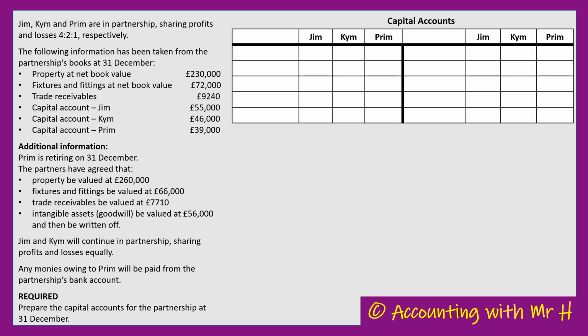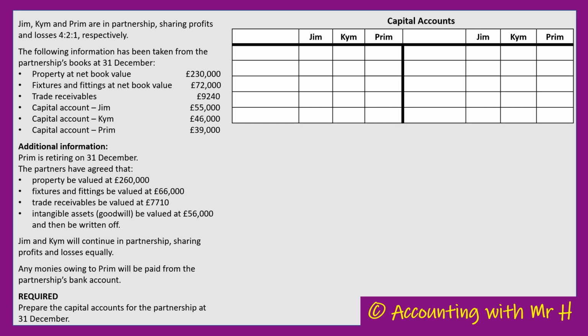So on the left-hand side then, what have we got? We've got Jim, Kim and Prim are in partnership, sharing profits and losses 4-1 respectively. The following information has been taken from the partnership's books at the 31st of December, and I can see they've given me the property and the fixtures and fittings at net book value. And I've also been told the value of the trade receivables.